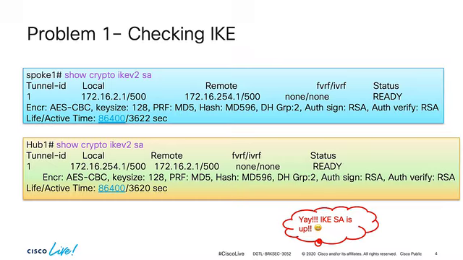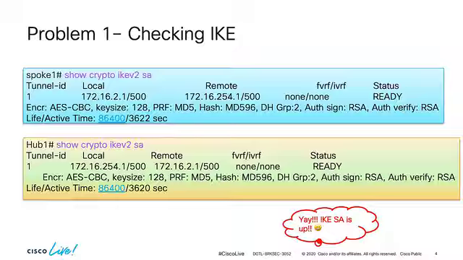Then you need to make sure that the status says ready in both the spoke and the hub setup. In this case, we do see the status is ready, and the local and the remote peers are pointing to the IP addresses, the NBMA addresses, of the hub and spoke. So yes, our IKE SA is up.